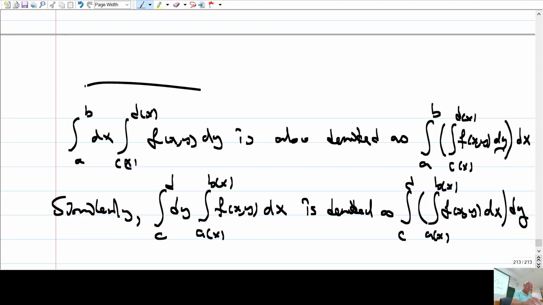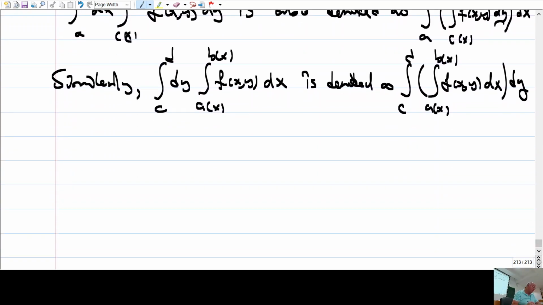Some books use this kind of notation like our textbook, but some books prefer this notation. Okay, they mean the same thing. I also like this notation, but I will stick to the book's notation. Usually physicists use this one. I find this confusing, but doesn't matter.